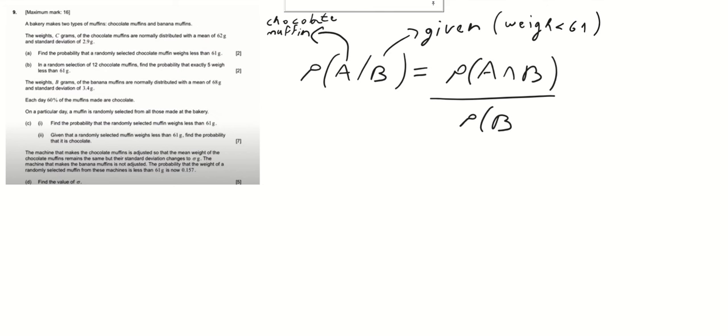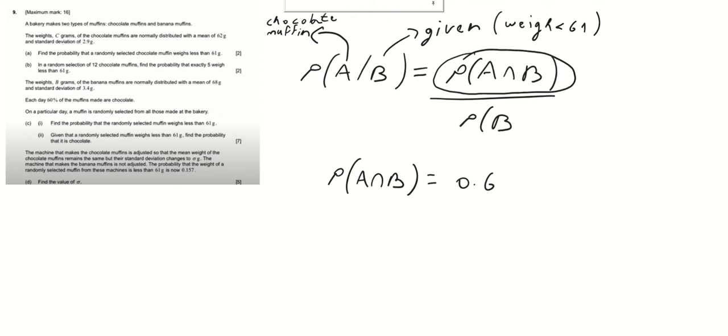So our first step will be to calculate this. This is the probability for the intersection of A and B, which means that the muffin is a chocolate muffin and it also weighs less than 61. So we already saw it in the previous part.